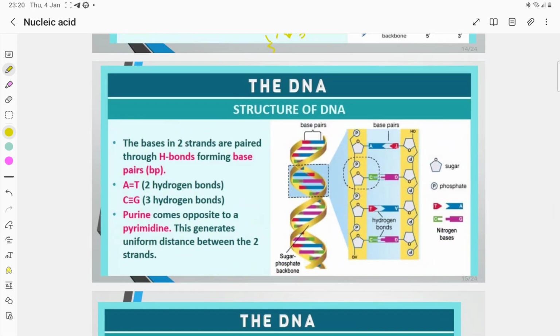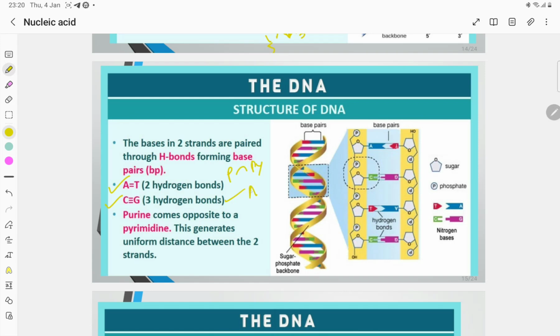As I told earlier, A always makes a bond with T, with 2 hydrogen bonds, and C with G with a triple bond, having 3 hydrogen bonds. So remember that a purine always bonds with a pyrimidine.